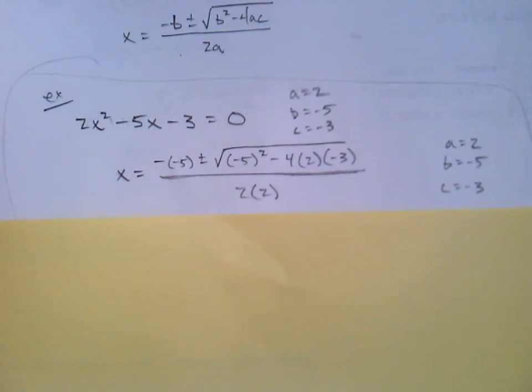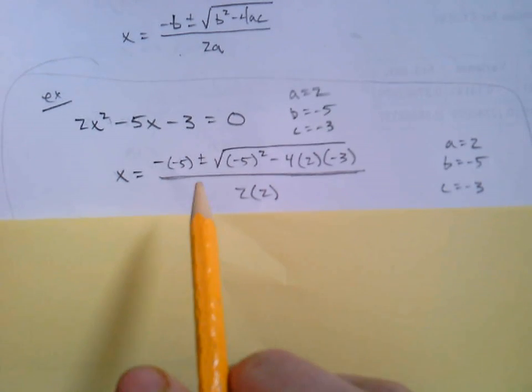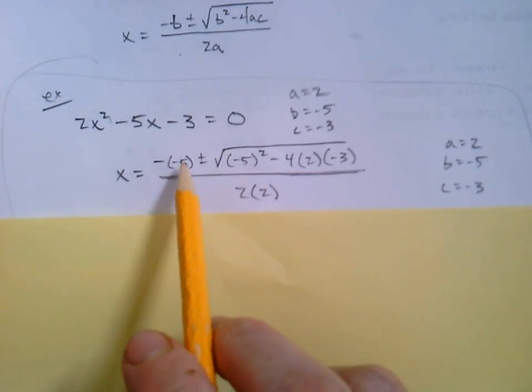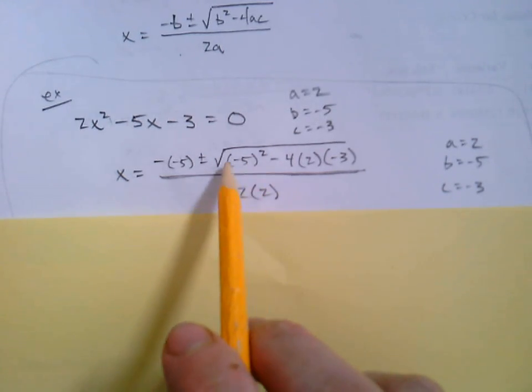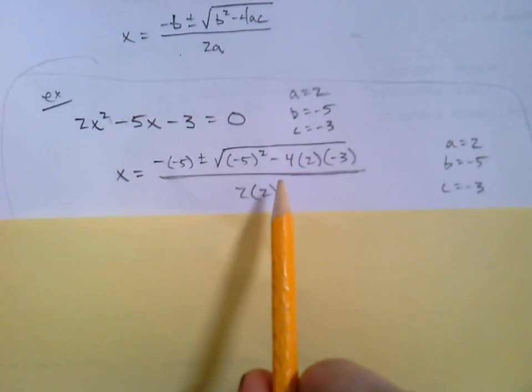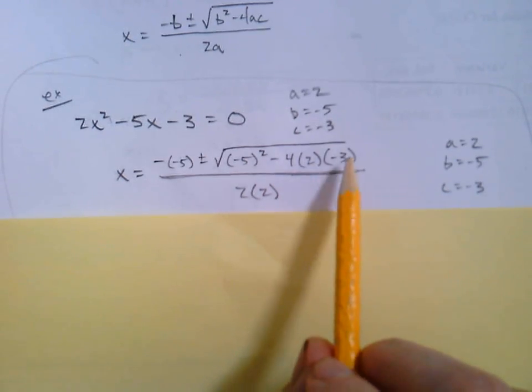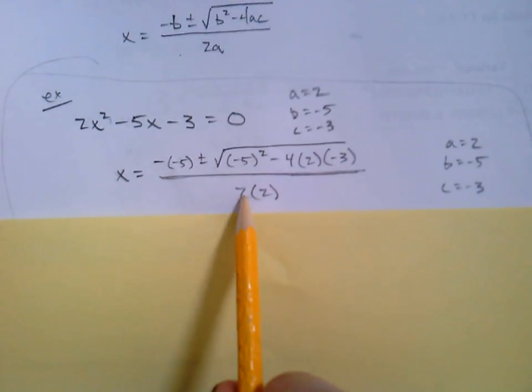If I plug all of these in: negative 5 plus or minus negative 5 squared with parentheses, minus 4 times a times negative 3, all of that divided by 2 times 2.